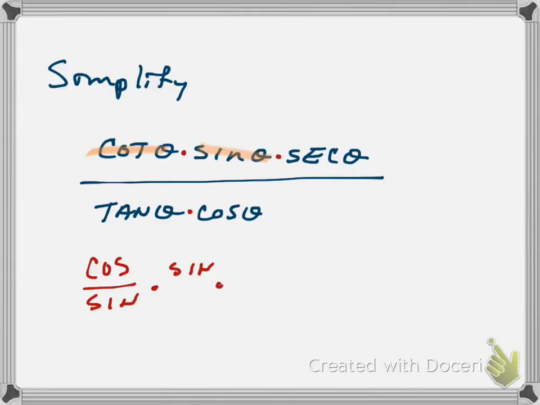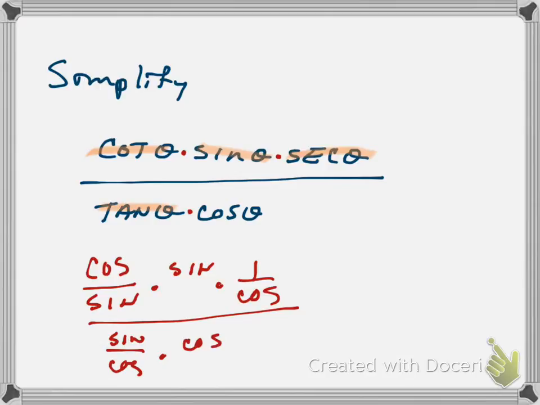What is secant? 1 over cosine. That's the top of the fraction. Tangent, sine over cosine. And cosine is cosine.